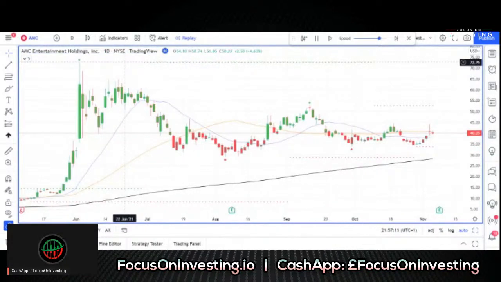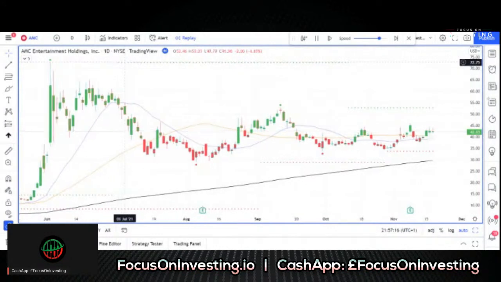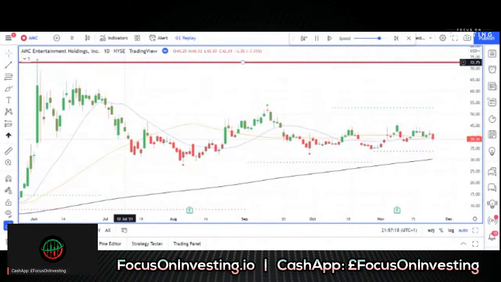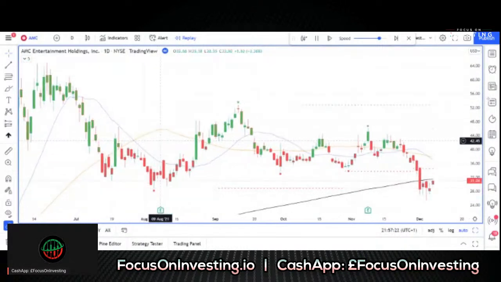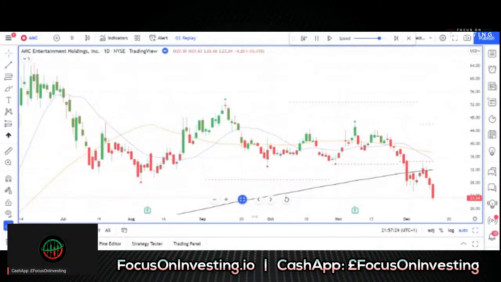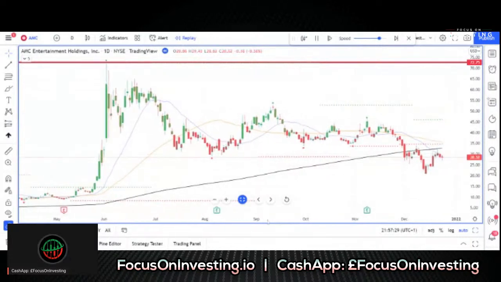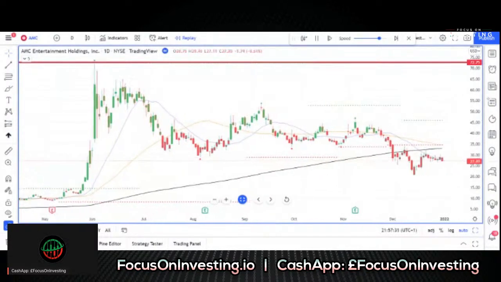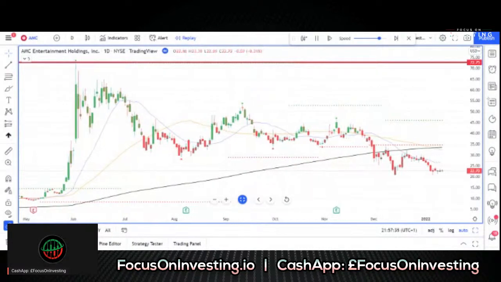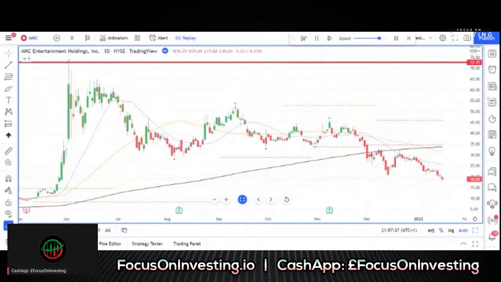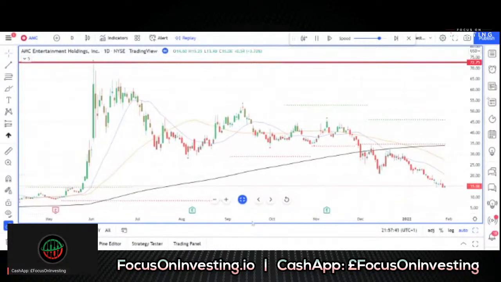If this is our high, is price going up or down from our high? Are we getting a squeeze or is it releasing price? For a short squeeze, we need price to go up. On this chart, is price going up or is price going down?